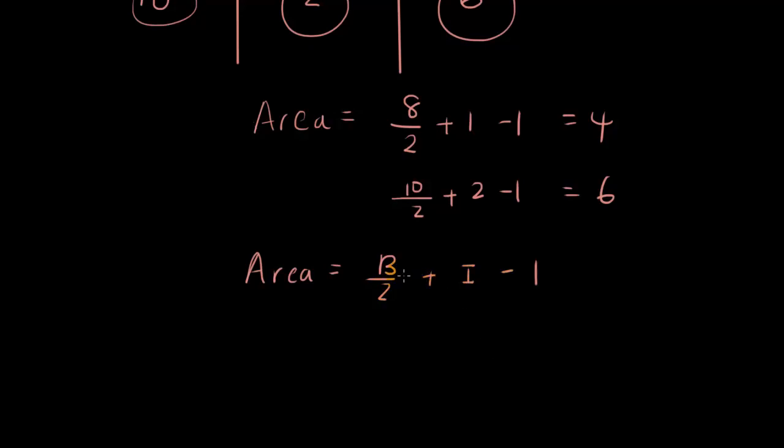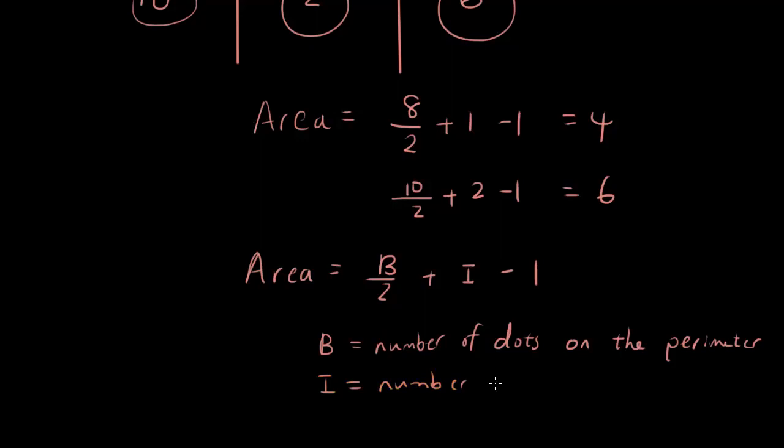Okay, what are the symbols? b is the number of dots on the perimeter, or on the boundary, or however you want to say it. i is the number of dots on the inside.